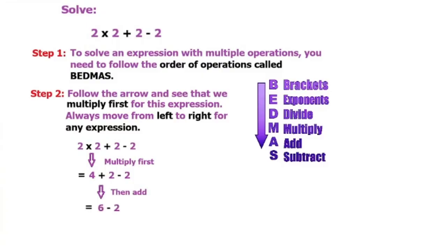And then we bring down what's left over here, which is the minus 2. And finally, we do our subtraction. So 6 minus 2 equals 4. So the answer to the above expression is 4.